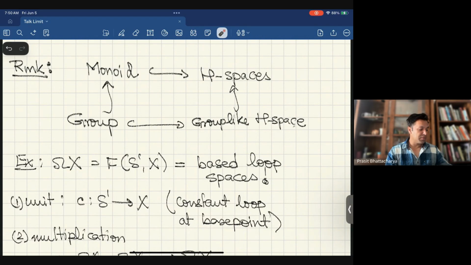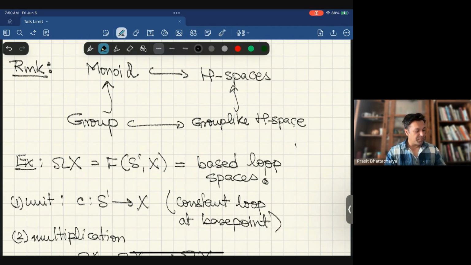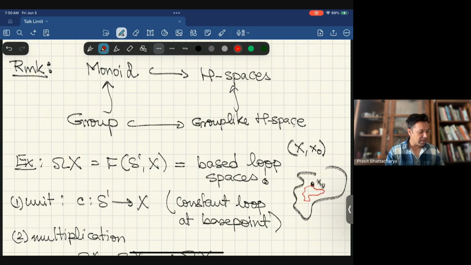This is usually denoted by omega of X. So suppose you have X with a base point X0, a prescribed point X0, then you can consider the set of all loops starting at X0 and ending at X0. So these are called based loop space.